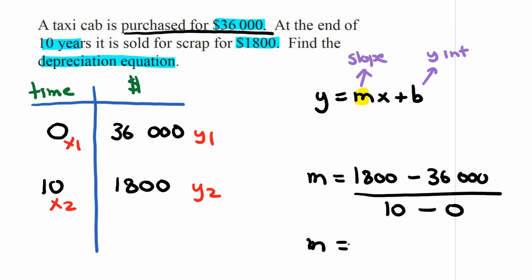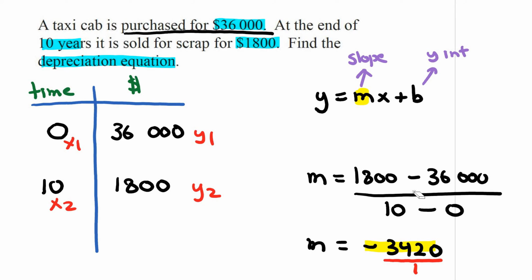If I put that into the calculator, I get negative 3,420. What I normally do is put this over 1, because it's easier to explain the slope if it's over 1. So every year the car is losing value by $3,420. That's what that slope means.